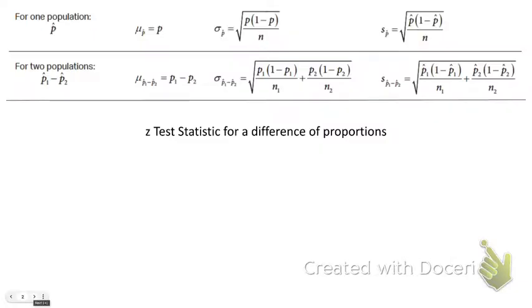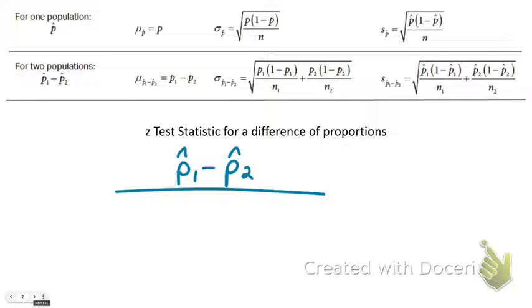All right, so there we go. The Z test statistic for a difference in proportions. Here it is. We're going to take P hat 1 and subtract P hat 2. That's on the top of the fraction. Now that's really good news because that's basically the mean of the distribution.